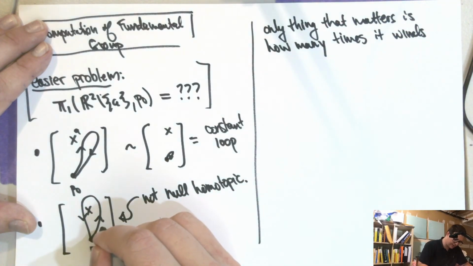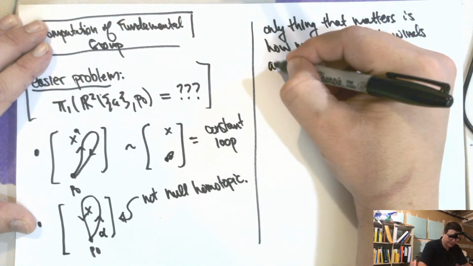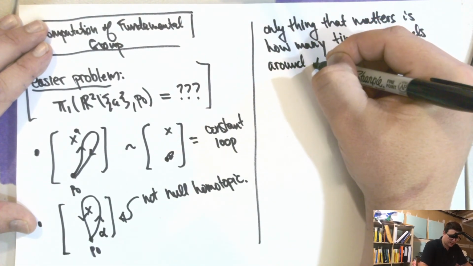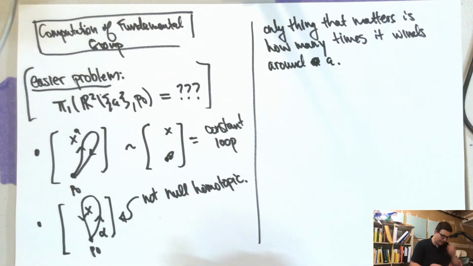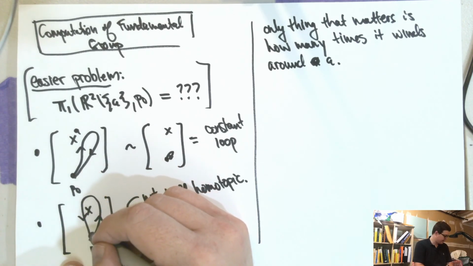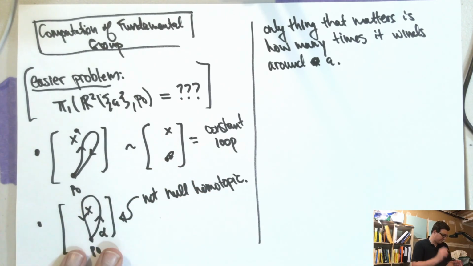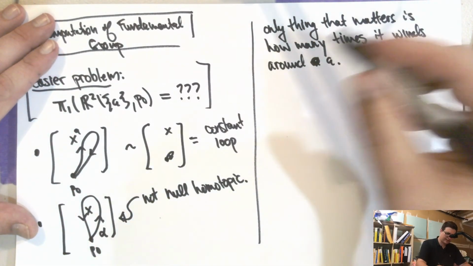So let's call this loop alpha, which winds around A. Alpha inverse would be the reverse path.